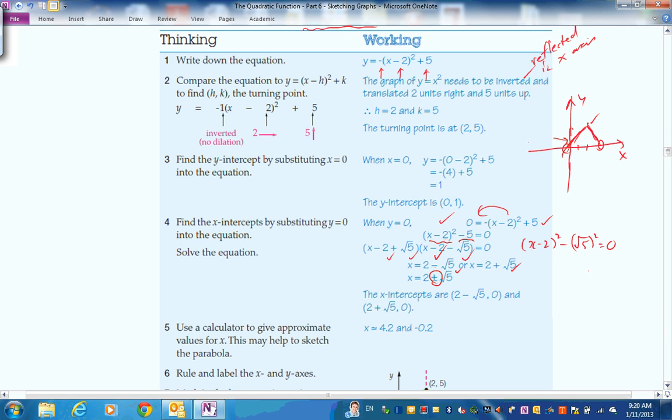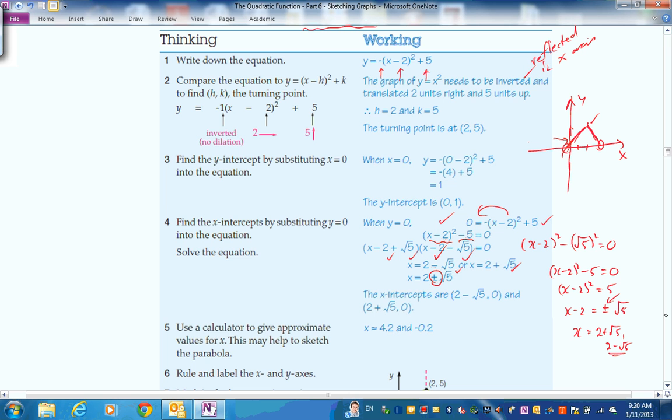Okay, now when you do this rearrangement here, (x take 2) squared take 5 equals 0. You can use the difference of 2 squares, or you can do this. Get the bracket by itself, then take the square root of both sides, plus or minus root 5. Don't forget 2 conditions. Then you add 2 to both sides, so it's 2 plus root 5, or 2 take root 5.